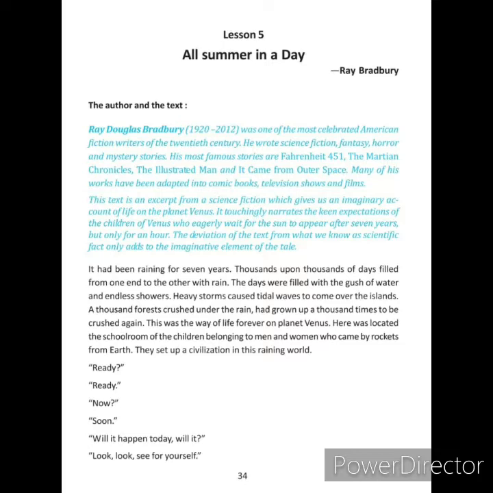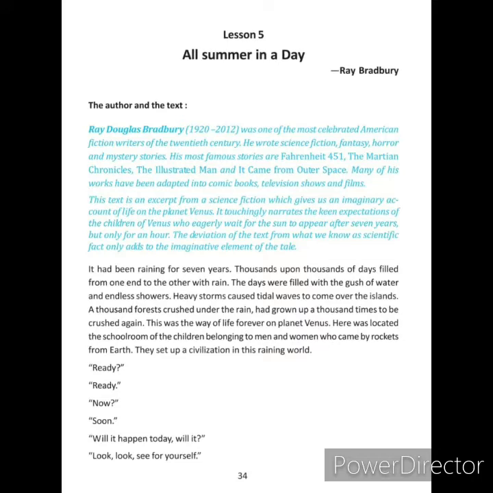The present text is an adaptation from the short story All Summer in a Day. Here, the writer gives us an imaginary account of life on the planet Venus.